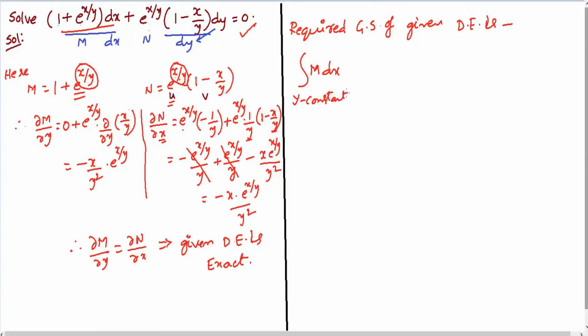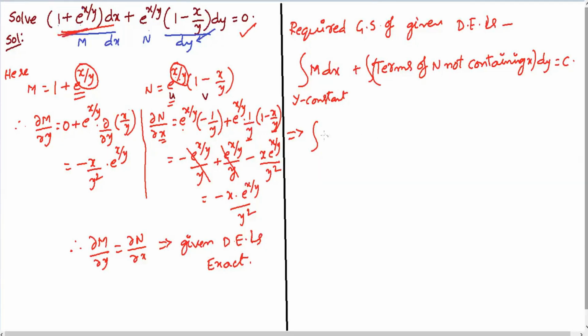In this case you should take y as constant, only x is the variable, plus the integral of the terms of N not containing x, whole into dy, is equal to c.